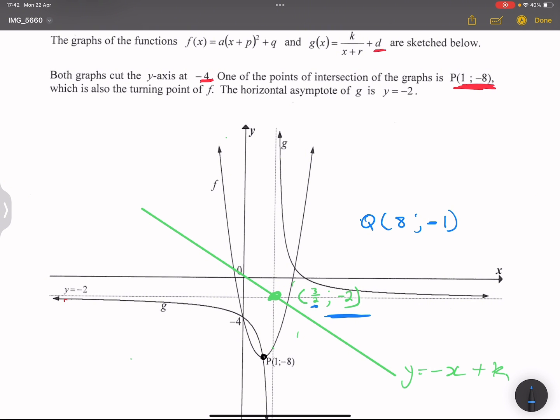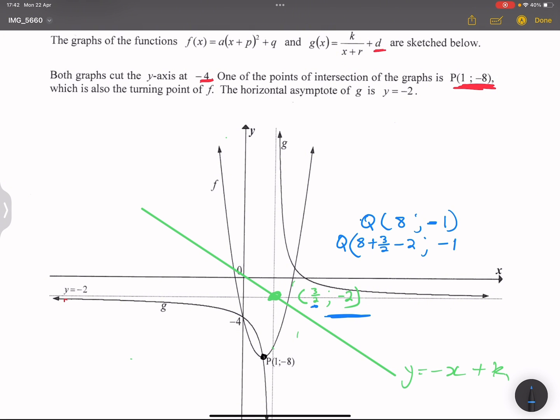Now note, so that means every single point is going to be shifted 3/2 units. So I'm going to have 8, right? So that will be the point 8 plus 3/2 in terms of x, right? But also minus 2. But the same thing for y.